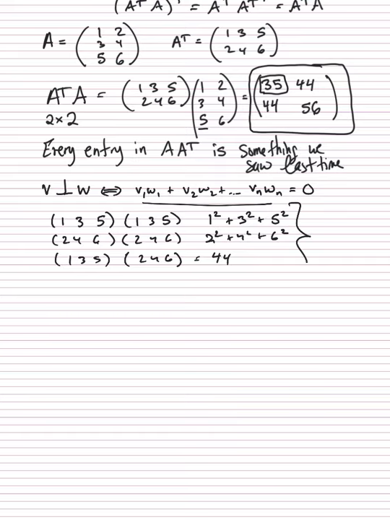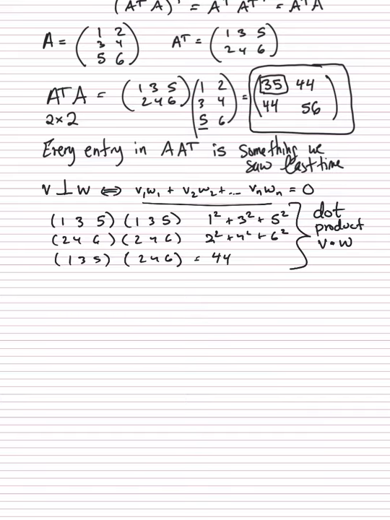So these values are a special case of the dot product, v dot w, which we'll talk about in a couple of weeks and give more background and structure to what it is.